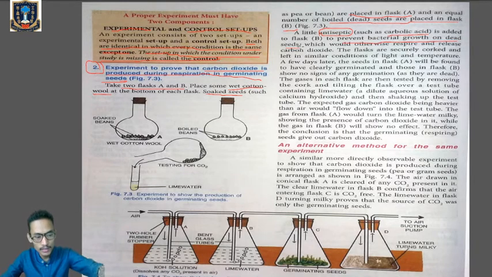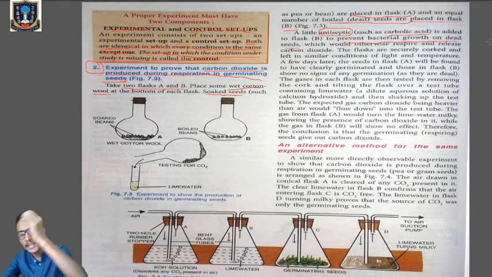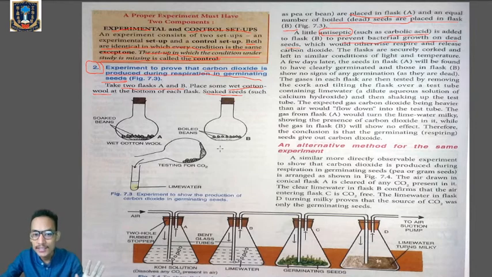Because you know that if bacteria are present, then it will show respiration and carbon dioxide will be produced, which will hamper the experimental results. So in order to prevent the growth of bacteria on the dead seeds, we are using carbolic acid. Clear?